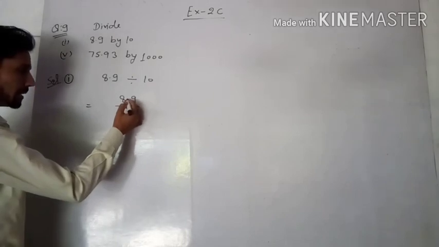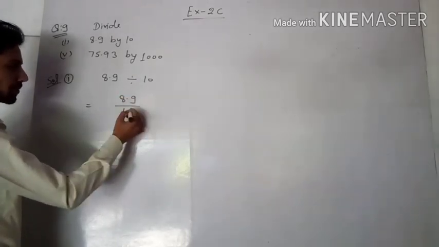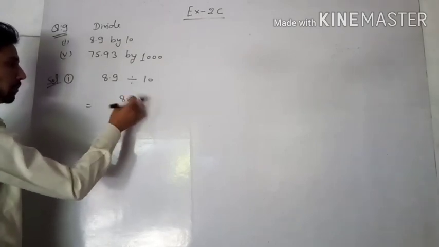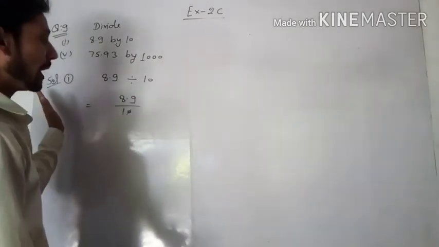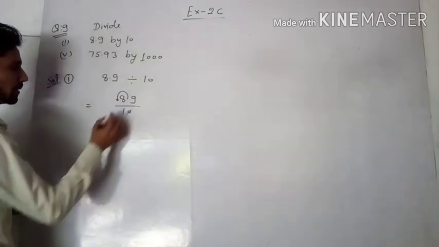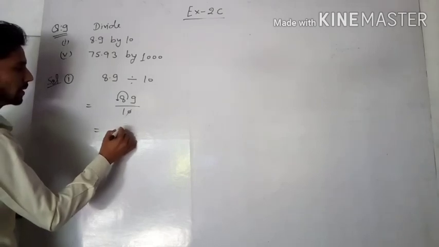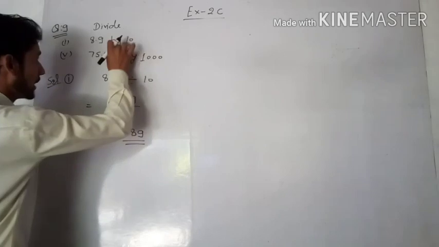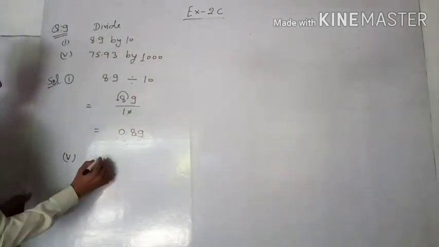So the decimal shifts one digit to the left. So it will come here, 0.89. It's your answer.